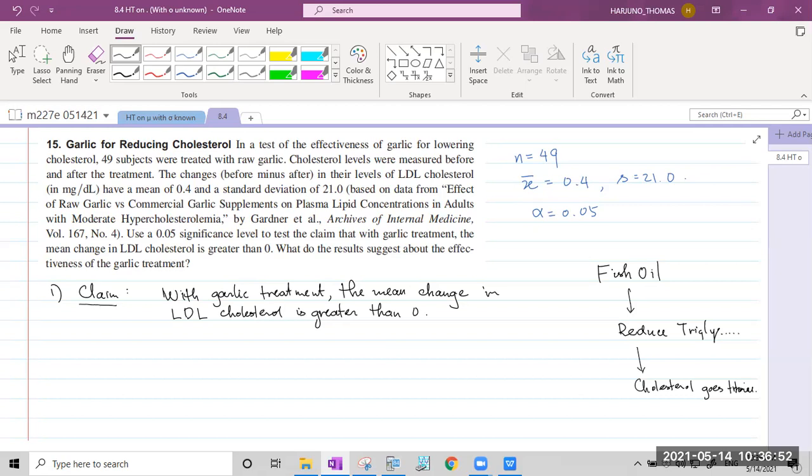Temporarily, yes, there are some medicines with big side effects, but the main cause is that the triglyceride is high.